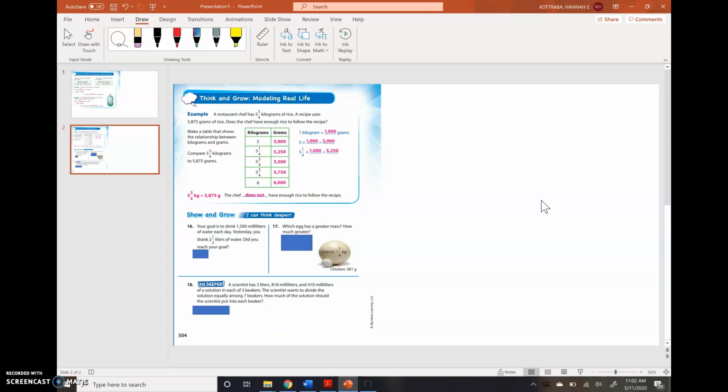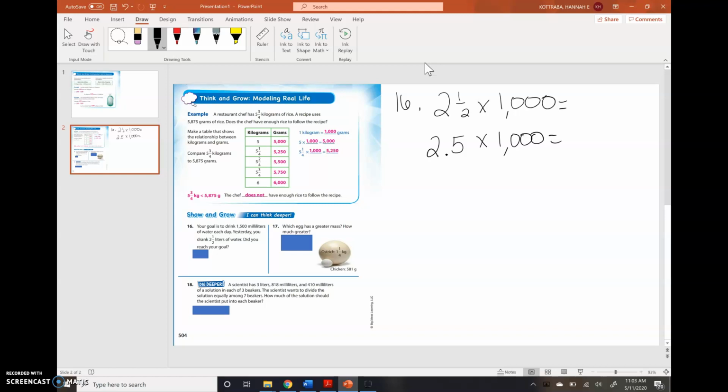So you do that by multiplying 2.5 times 1,000. Okay? And remember, a half, you can think about it in terms of a decimal, 2.5 times 1,000, because there are 1,000 milliliters in a liter.